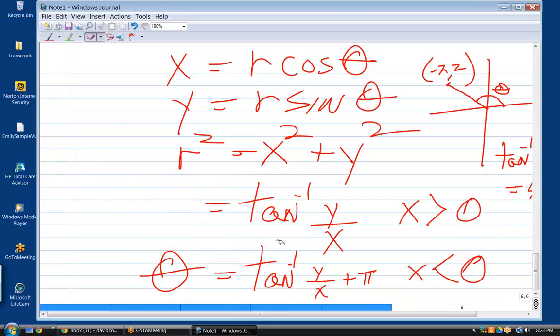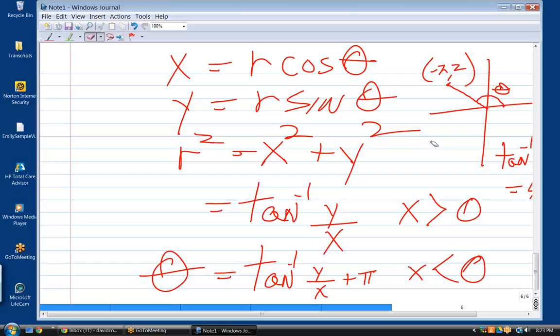When you're trying to solve for theta, if you have an xy coordinate, and this is a very typical problem in polar coordinates, where they give you an xy coordinate and they want you to come up with the angle, theta. In other words, what's the polar definition of this thing?